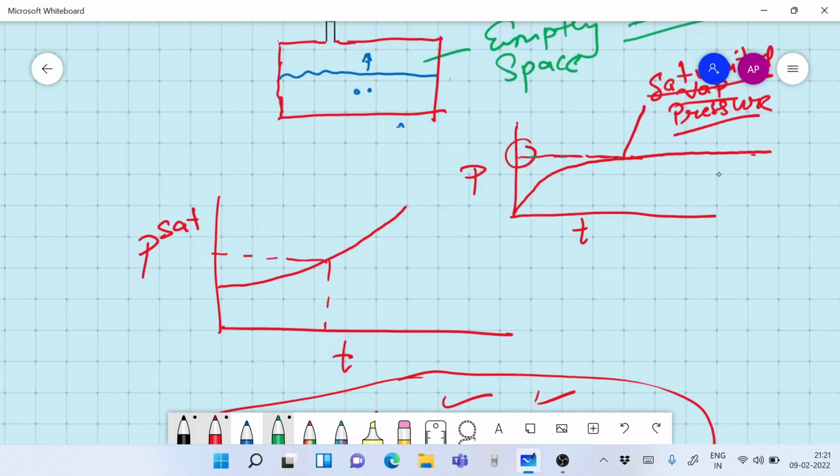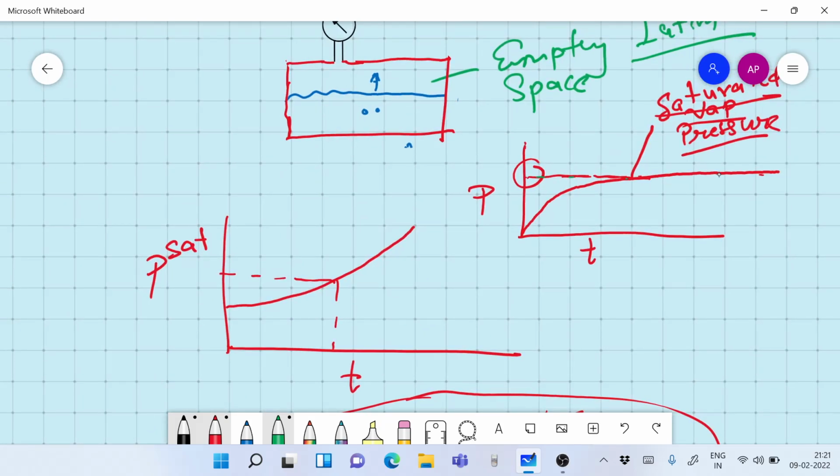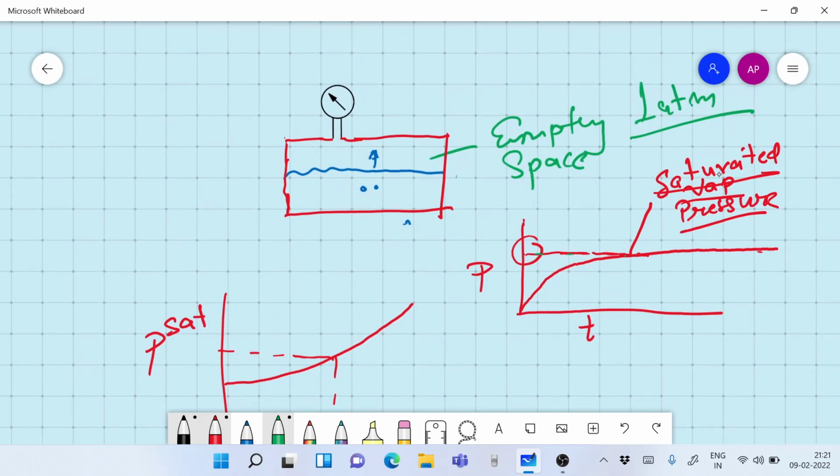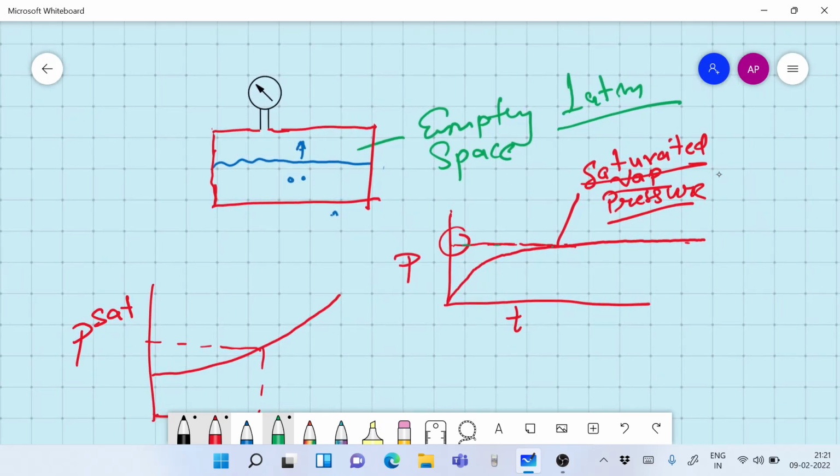Right? So this was the idea of pressure. By gradually introducing the idea of pressure, we came to the idea of what is vapor pressure. And we also saw the practical implications of understanding the phenomenon of vapor pressure, or understanding how vapor pressure plays an important role in design of vessels and what vapor pressure shows.